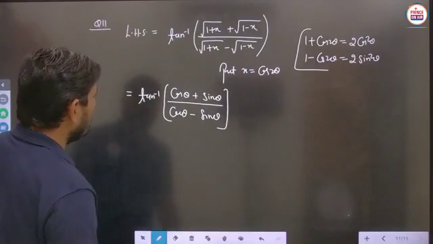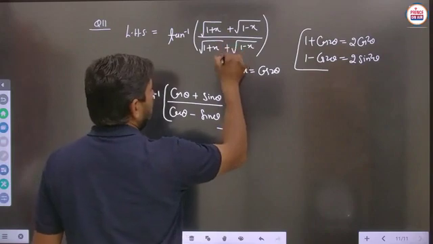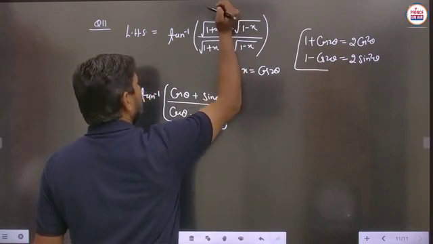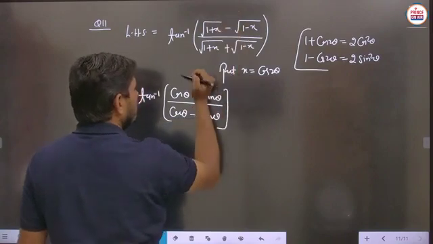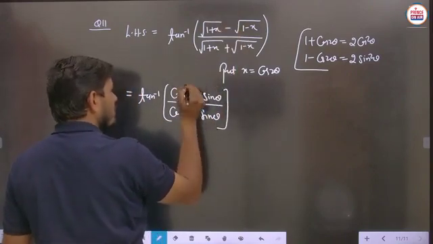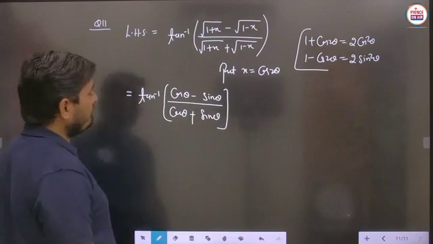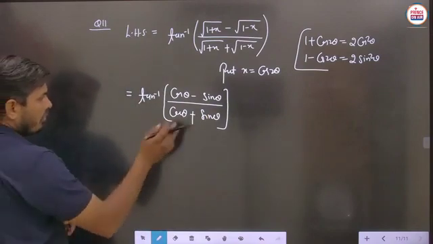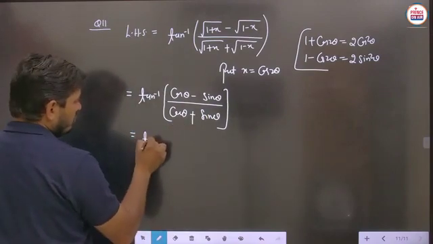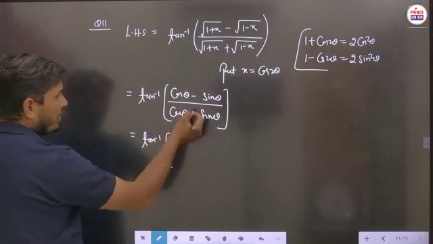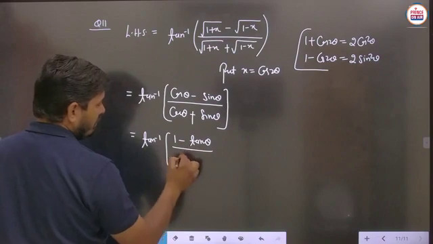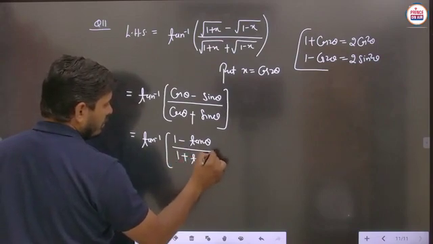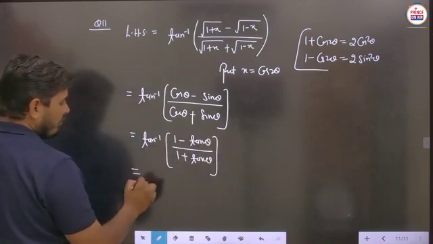In this part here the negative sign, here the positive sign, and in this question here it is the negative sign. So we can just change the sign, here negative and here positive, no problem. Now cos theta will be taken as common from the numerator and denominator, then it will be written as 1 minus tan theta divided by 1 plus tan theta. Now this 1 can be written as tan pi/4.